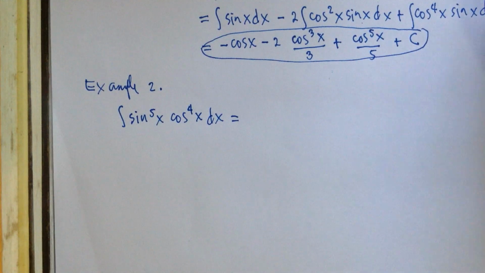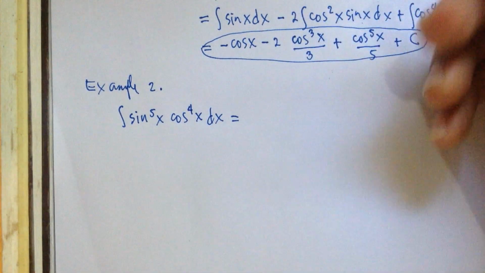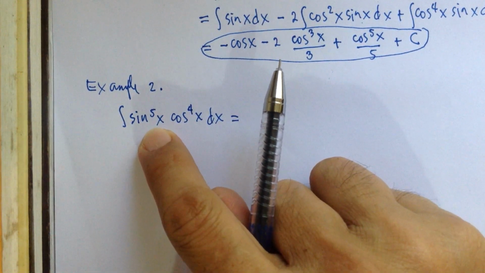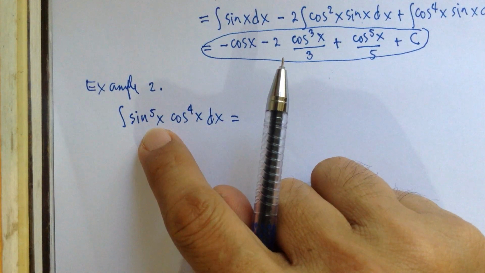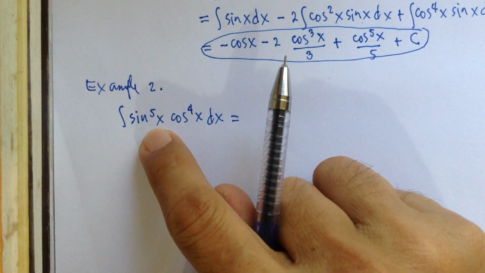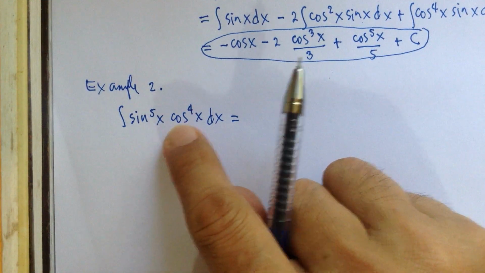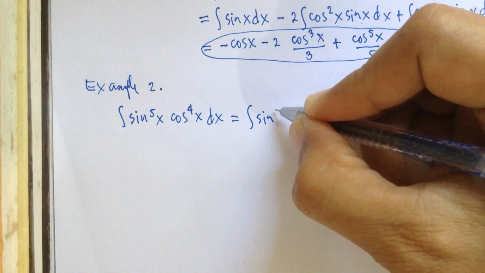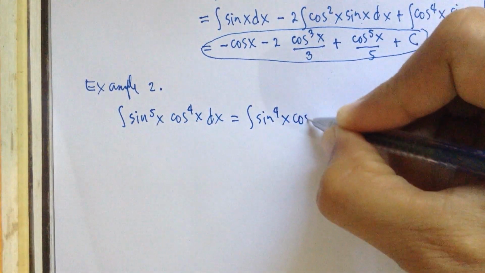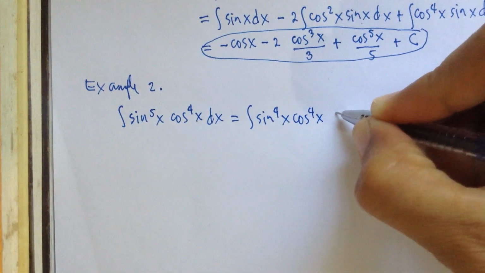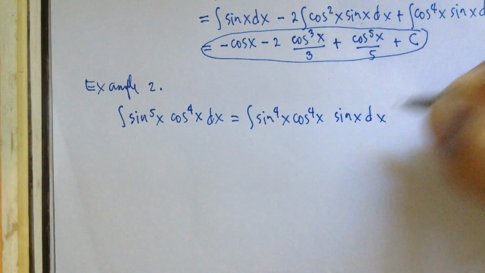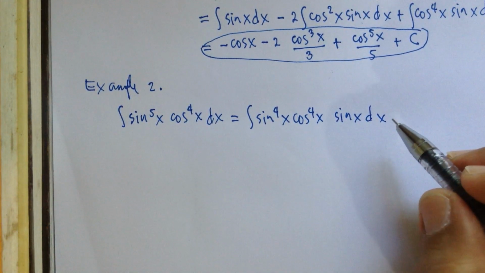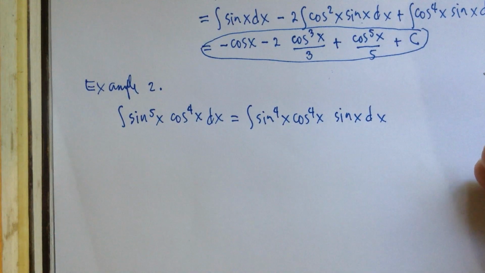The same principle is used here. What we do is, for that trigonometric function where the exponent is odd, you separate one of the factors of that. So that means that you can write that as sine to the fourth of x, then cosine to the fourth of x, then we have the sine of x dx. You are reserving here the du for the integral of u to the n du.